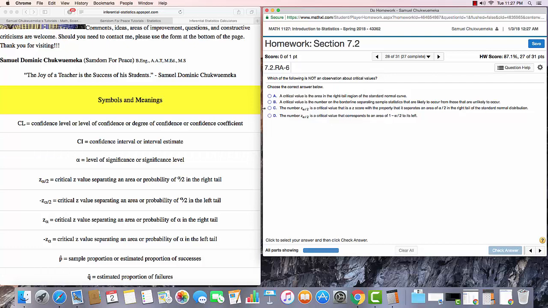That is correct. D, the number Z subscript alpha over 2 is a critical value that corresponds to an area of 1 minus alpha over 2 to its left.